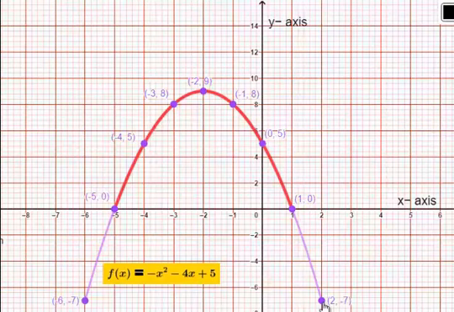Before we go on with whatever we are going to do today, there is something you should know. Most of you watching this video know, but for the sake of those who do not know, let's look at this. On the y-axis, x is 0. That's why we have 0, 5 being plotted on the y-axis.